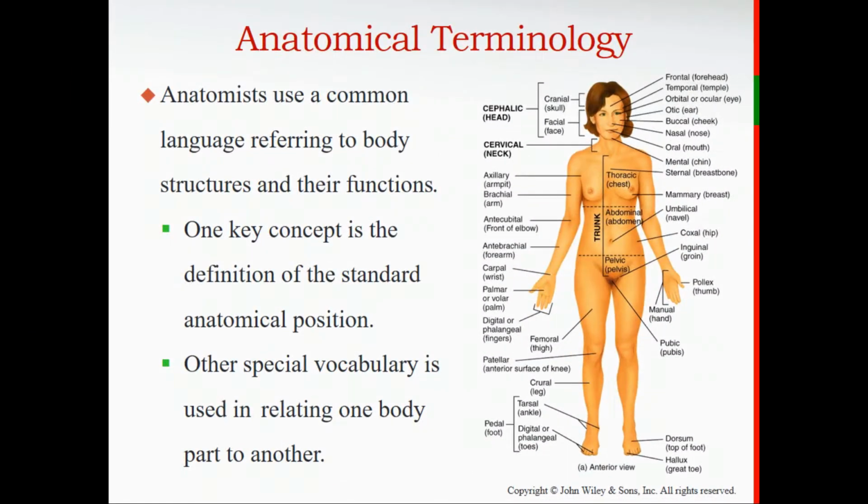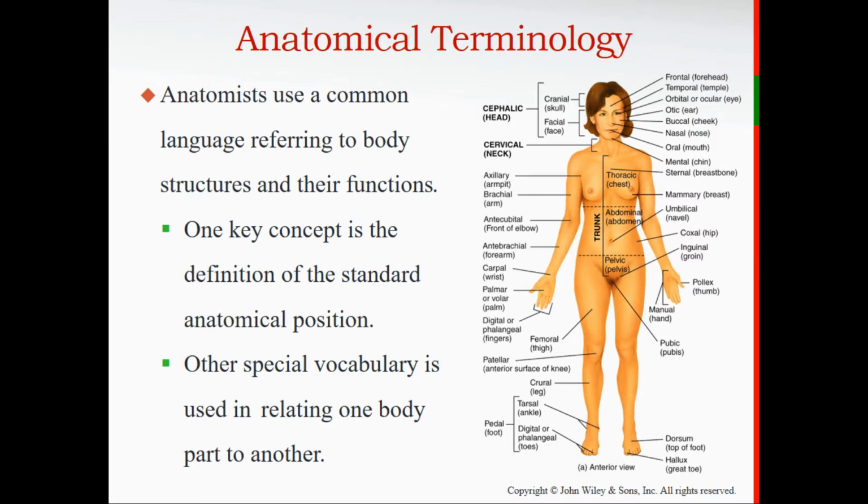Okay, we talked about the 11 systems, and now we're going to shift gears into the directional terms and the anatomical position and various anatomical terminology. Many of these terms I'm going to use throughout the course of the year.